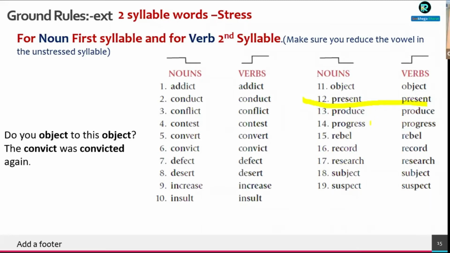Produce has to be slightly longer. A stressed word will be slightly longer, slightly, not much. So produce, produce. Can you see my fingers? In the second, produce.